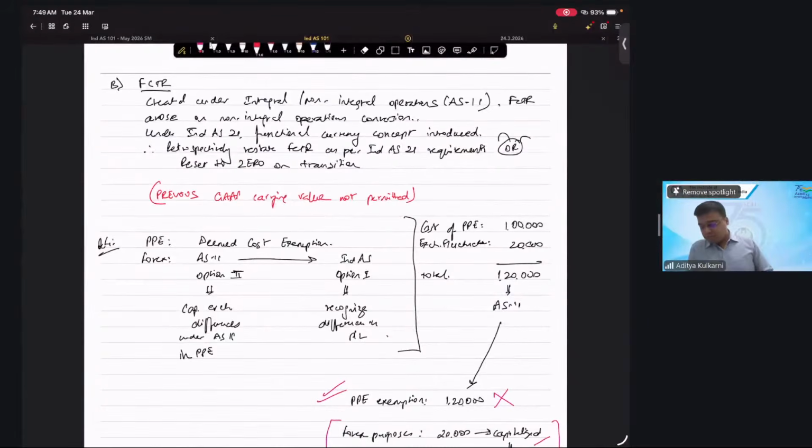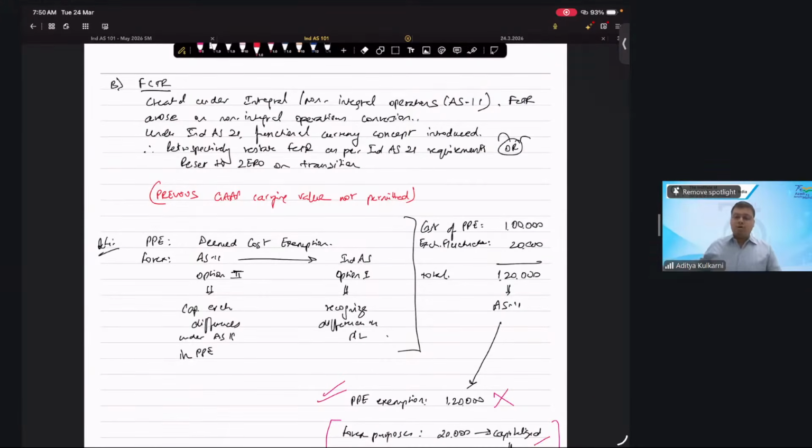Now, FCTR. What do you understand by FCTR? Foreign currency translation reserve. That is the full form. But how is it coming into existence? Due to translation difference.